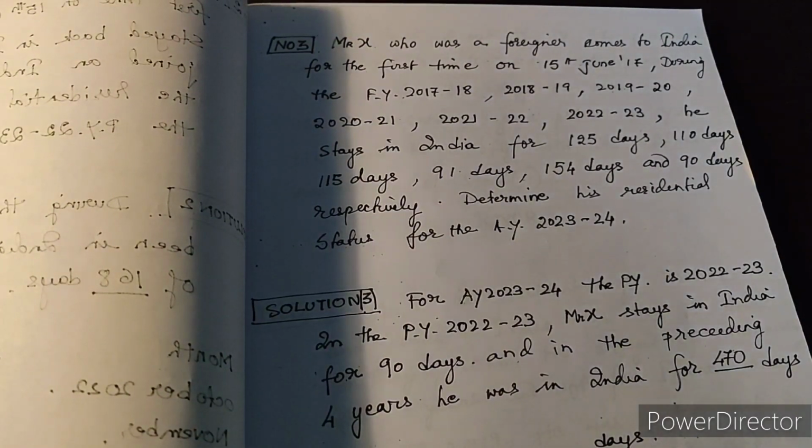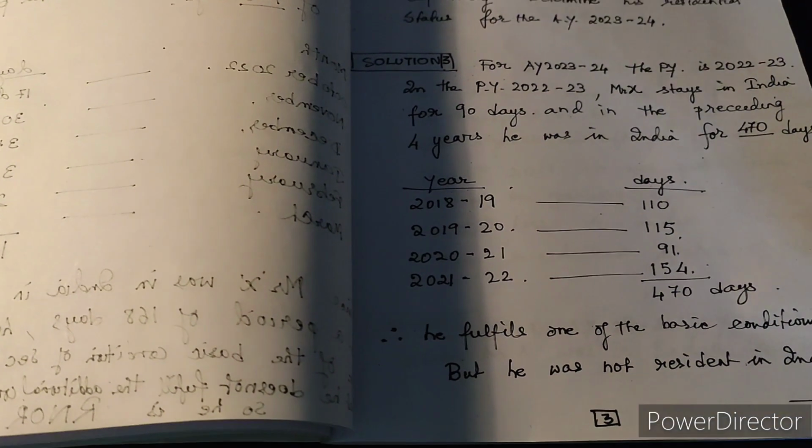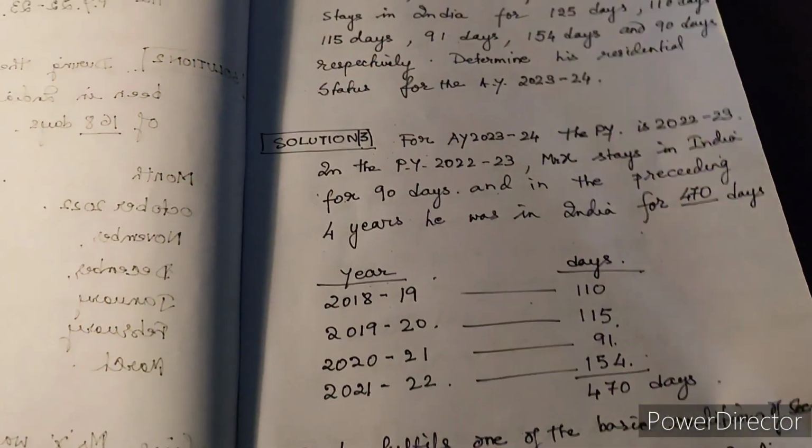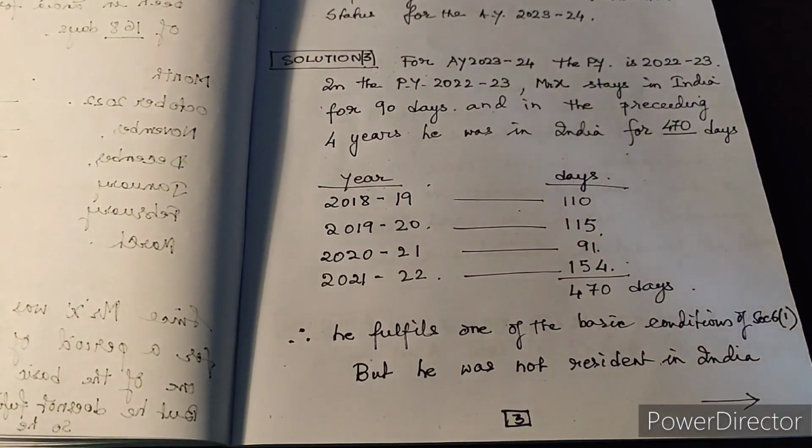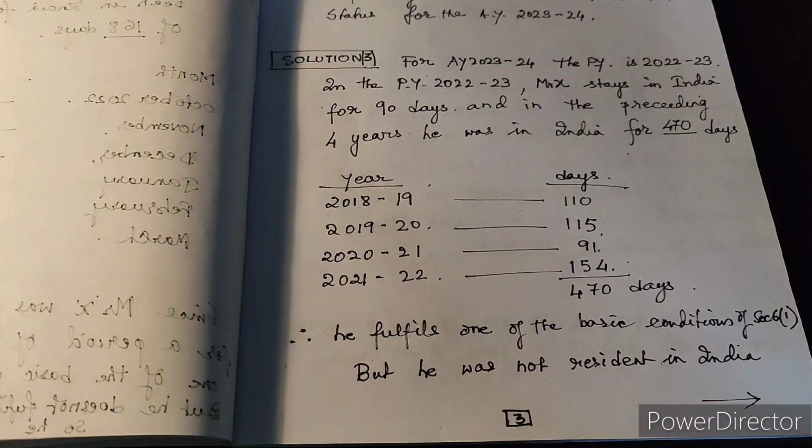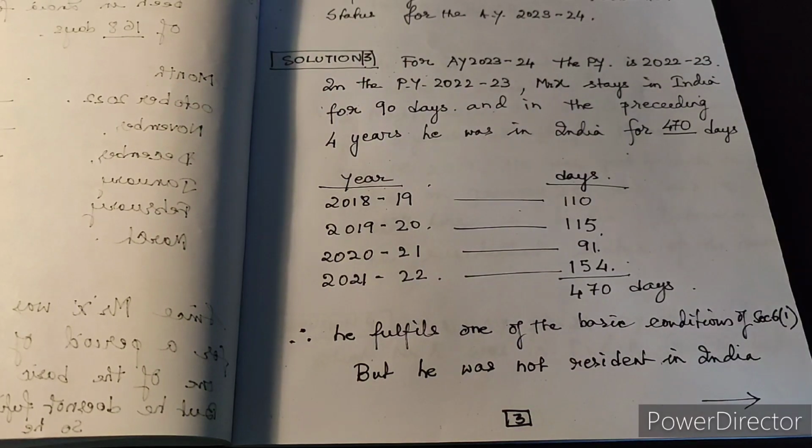Now 470 days or however many days, you have to count yourself, right? How do you do the counting? You are going to do it in this way. Okay. So here on the left hand side we have got the years, and on the right hand side we have got the days. So here we will start with 2018 to 19.